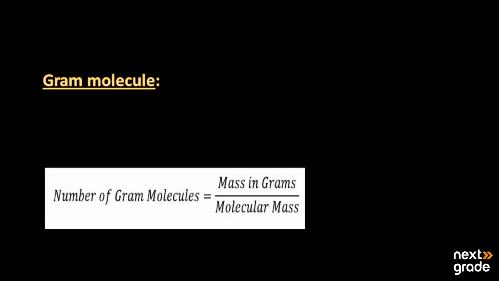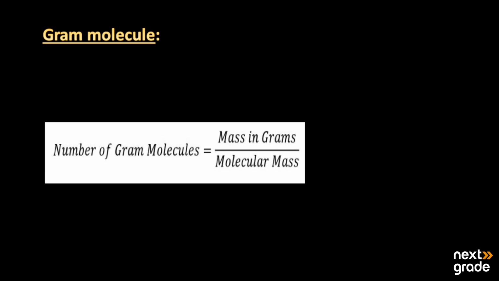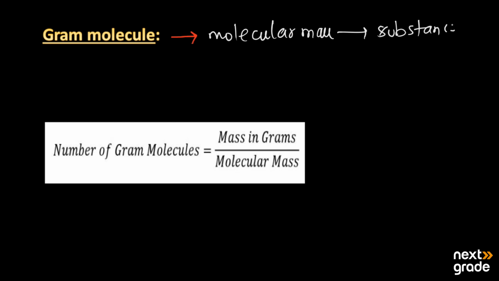Next, we have the gram molecule. So, gram molecule is also very simple. When we have the molecular mass of any substance, and we express this mass in grams, then this is known as its gram molecular mass or gram molecule.